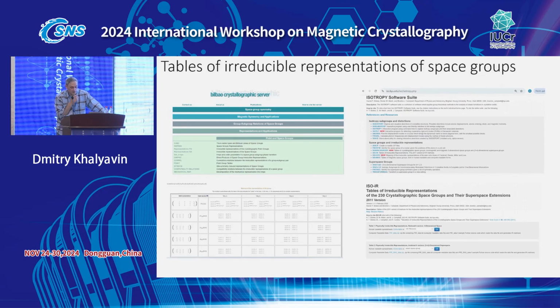I just want to mention that it has been shown many times during this school that all irreducible representation matrices have been tabulated. And there are very nice tools, the Bilbao Crystallographic Server and the ISOTROPY software. I personally always use these two tools to generate the matrices of irreducible representations in my calculations.